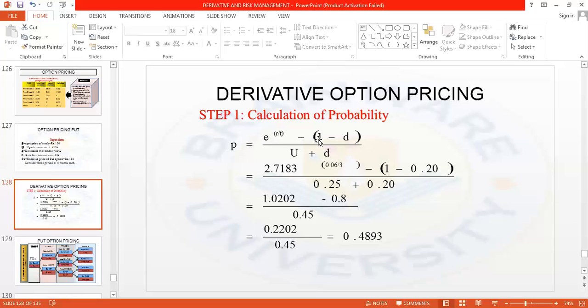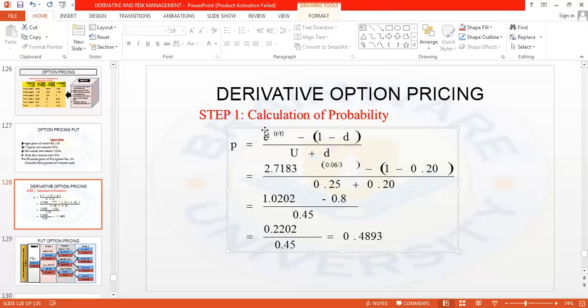From this you deduct 1 to get the continuously compounded interest part only, so this is e to the power rT minus 1. From this you add the downside price movement, and since the downside price movement is negative, we have put a minus here. So effectively it is minus minus plus.